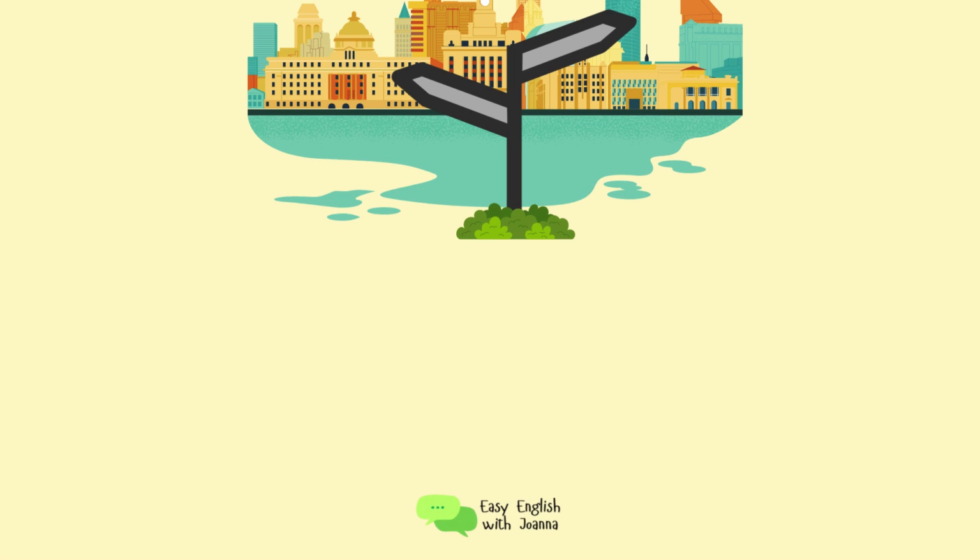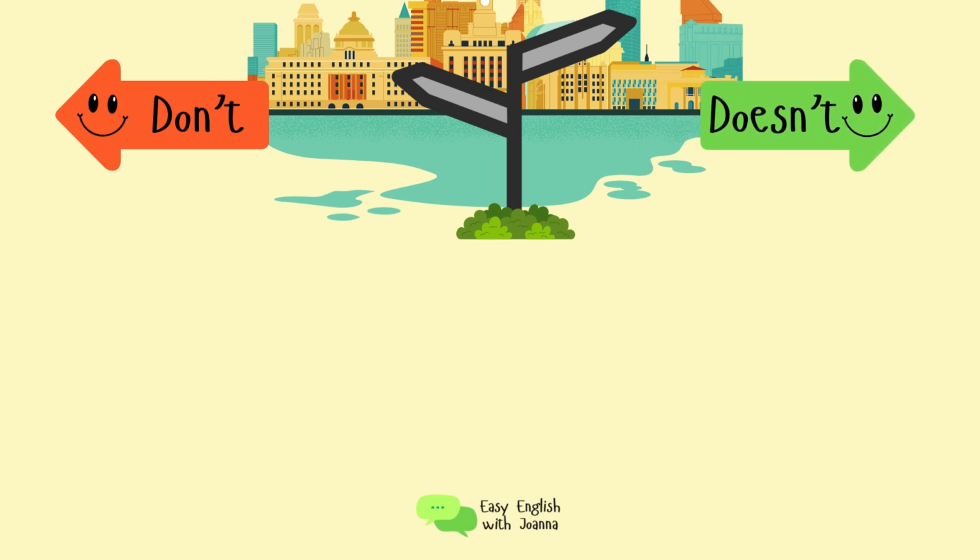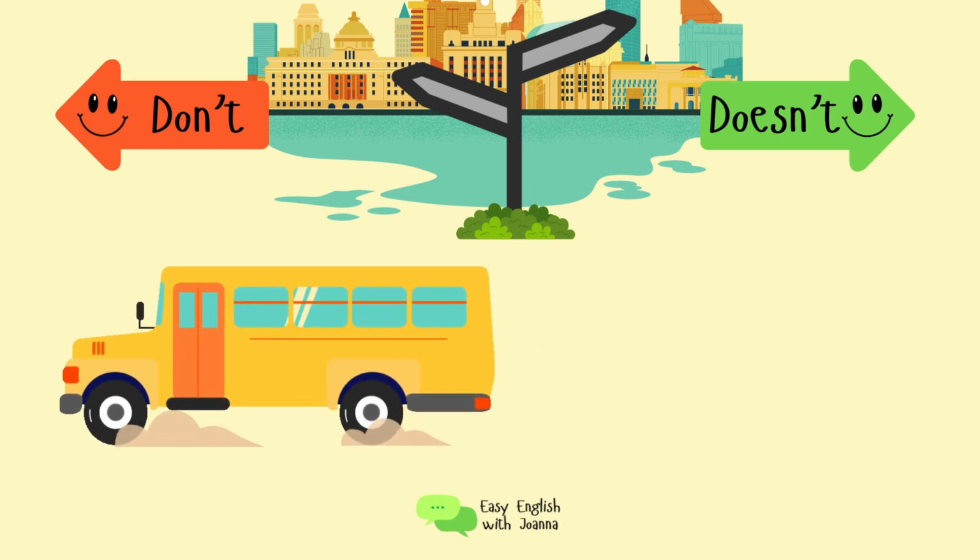"Don't" is towards the left and "doesn't" is towards the right. And then the bus comes to take people to "don't". So let's see who's getting on the bus.